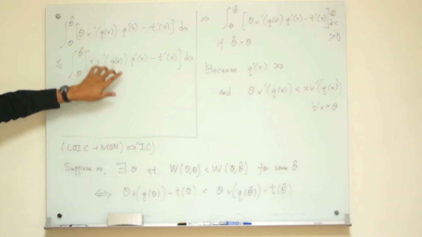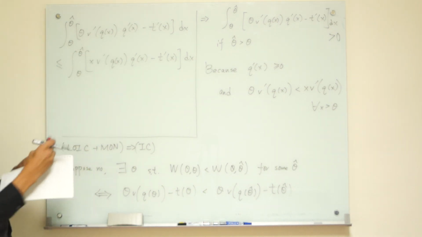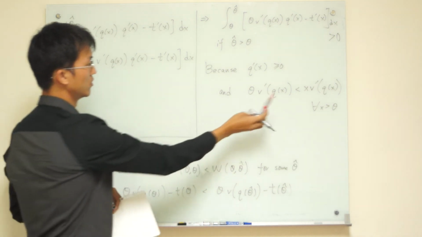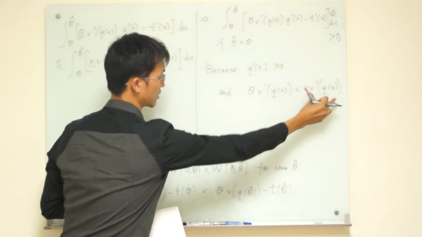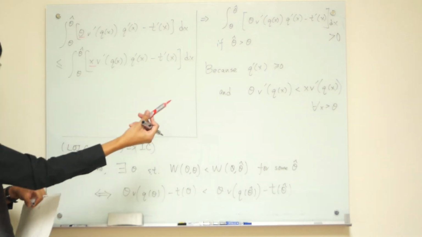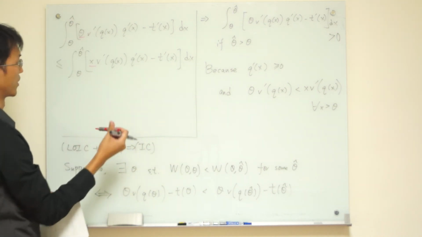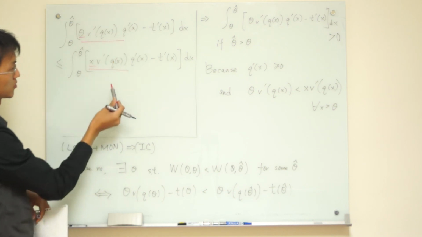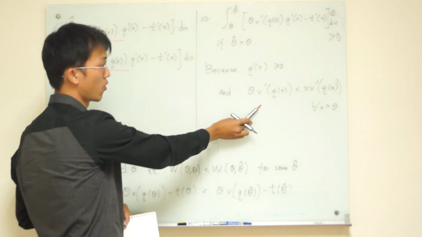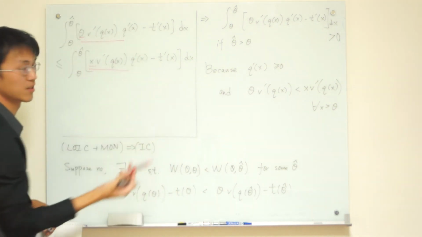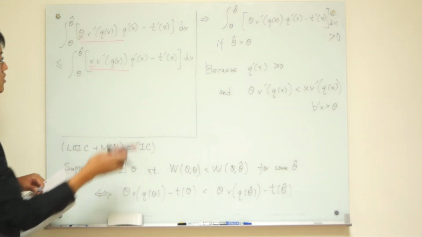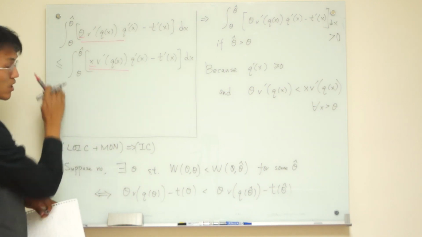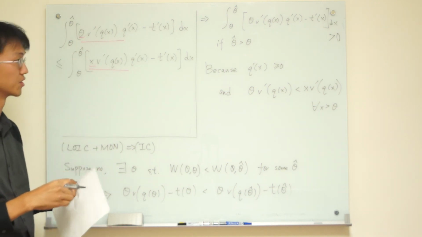From here to here, only one thing is different: from theta to x. I know this term is less than the replacement from theta to x. This comes from our second inequality. Also, q prime is non-negative, so it's good. This inequality will be retained, and we have this less than or equal to condition.